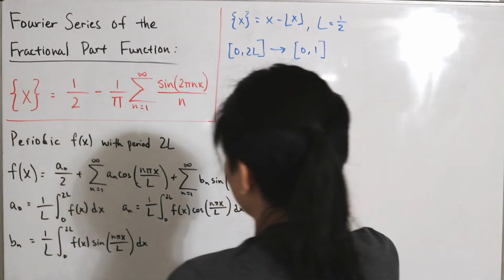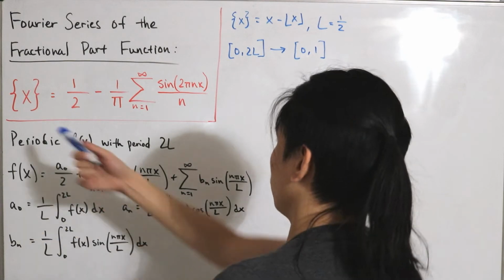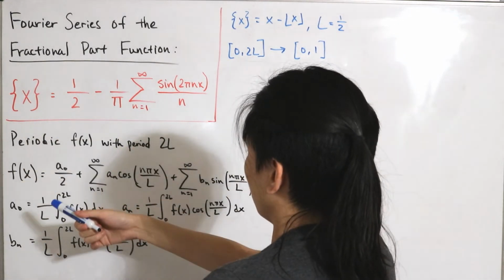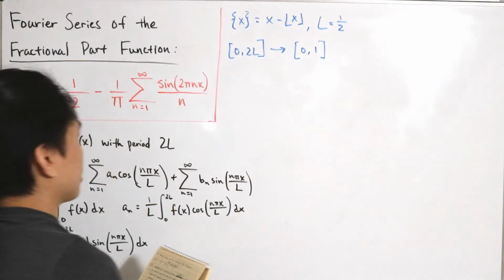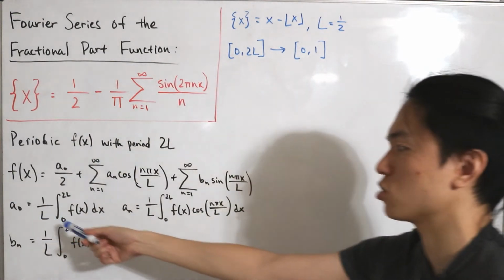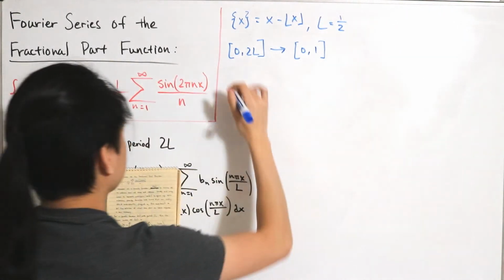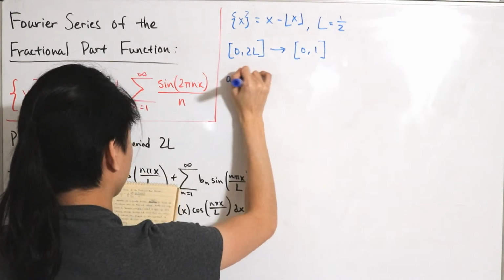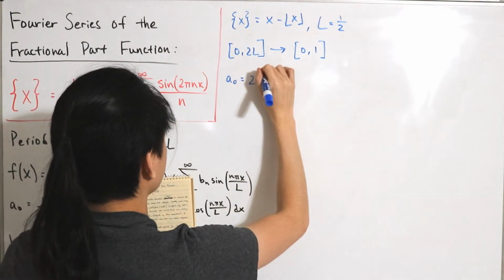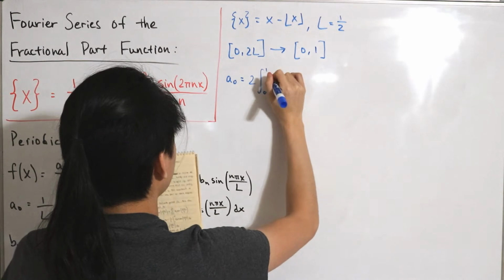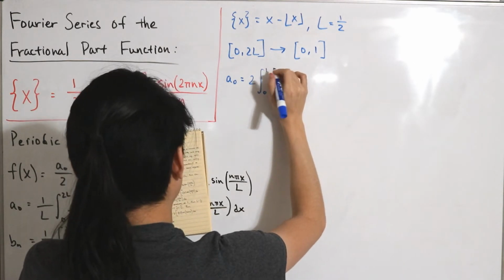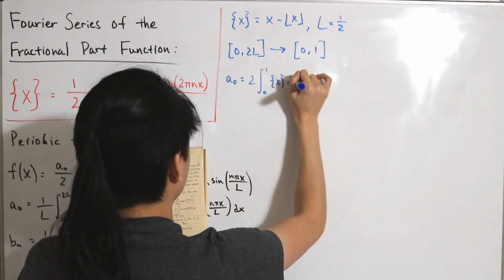Now that we have our bounds and everything for L solved, and the definition over here, we can plug this back into all our terms, our Fourier coefficients. So our new a sub 0 is going to be 2 times the integral from 0 to 1 of the fractional part of x dx.